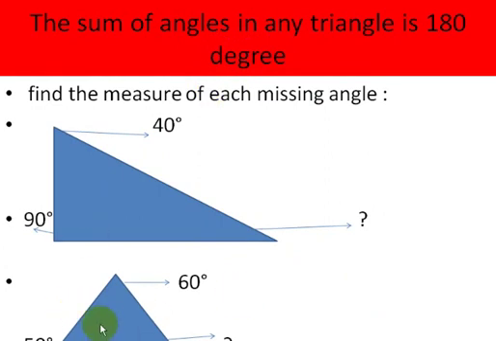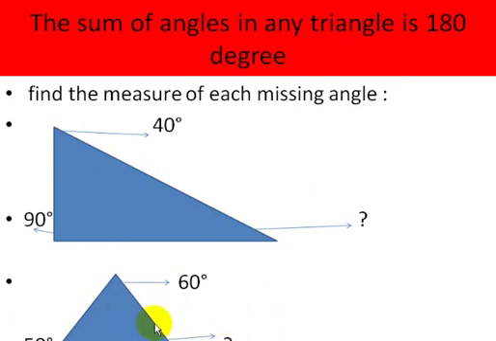Now the second example, we have a triangle. We have here 50 degrees, the first angle, and the second is 60. What about the third one? Also, as we know, the sum of angles in any triangle is 180 degrees. So we have 50 plus 60, it's 110.